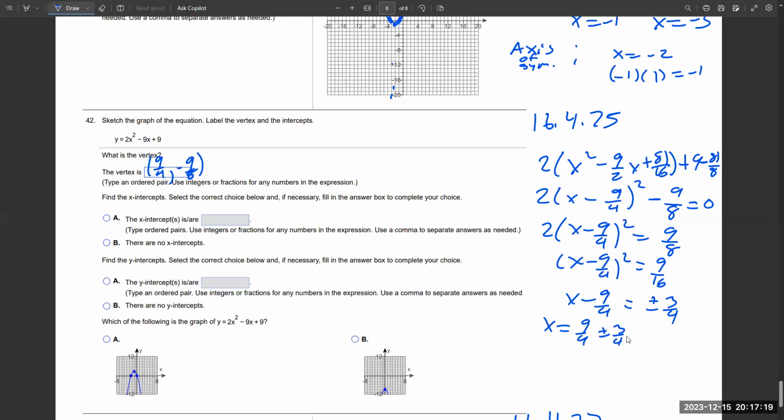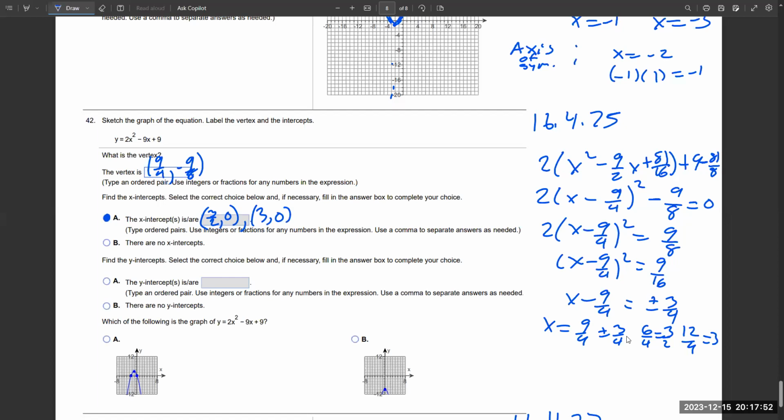So 9 plus 3 quarters is 12 quarters, which is 3. 9 minus 3 quarters is 6 quarters, which is 3 halves. And they want ordered pairs this time. So this is going to be 3 halves, 0, comma, 3, 0.